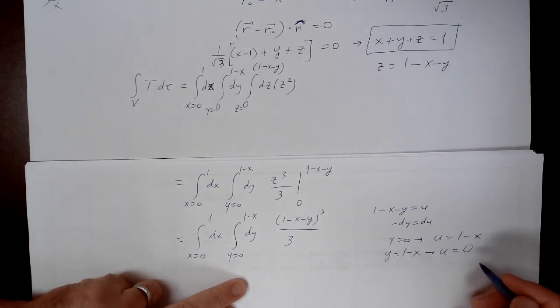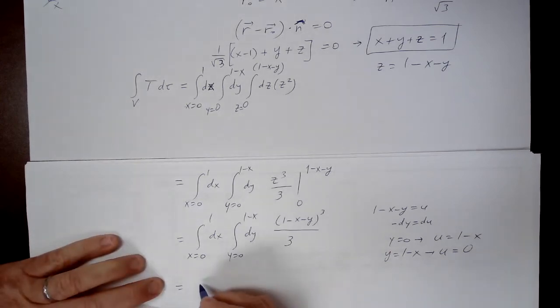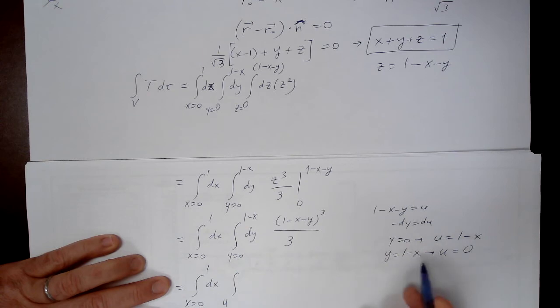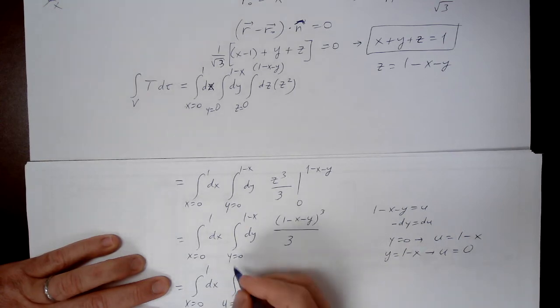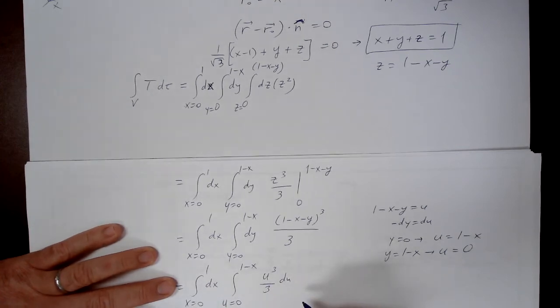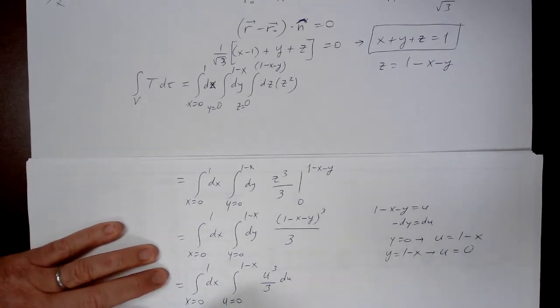So x equals 0 to 1 dx. Now there's a negative sign here, I can still switch them. u equals 0 to 1 minus x, and then I have u cubed over 3 du.